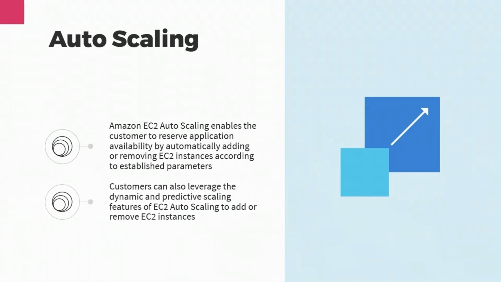Customers can also leverage the dynamic and predictive scaling features of EC2 auto-scaling to add or remove EC2 instances. If it's dynamic, it'll be based on the utilization or the bandwidth needed in scaling up and down. Predictive is on a schedule. For example, if your peak times are over the weekend, you'll scale up starting on Saturday morning and scale back on Sunday evening.